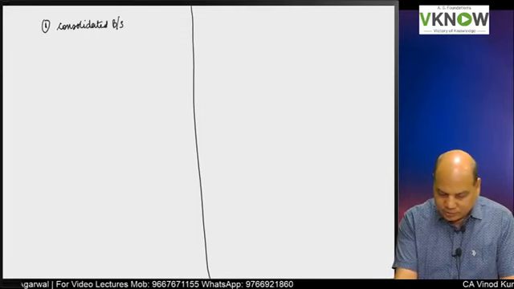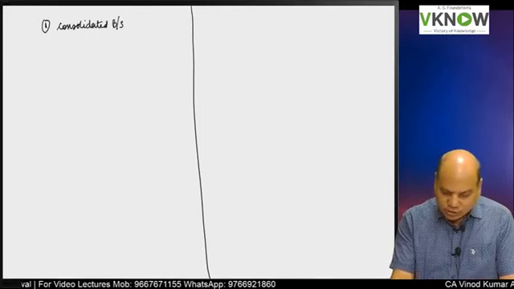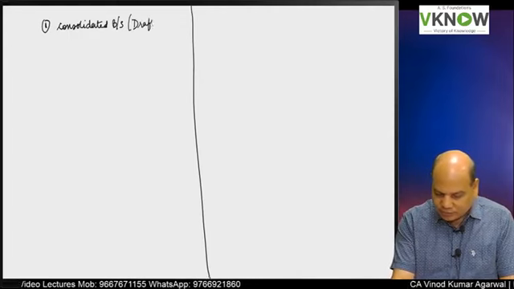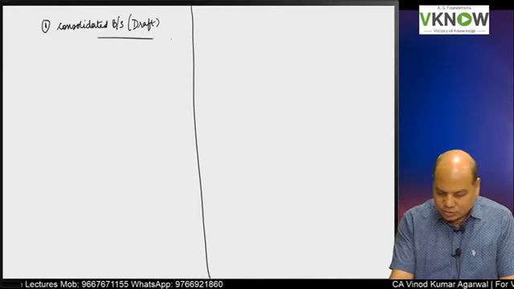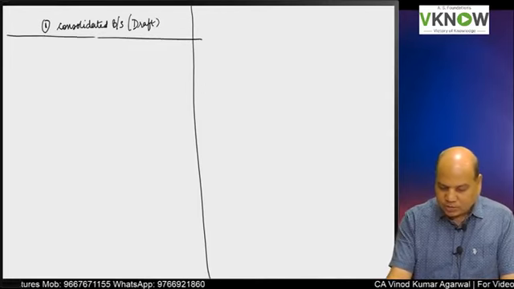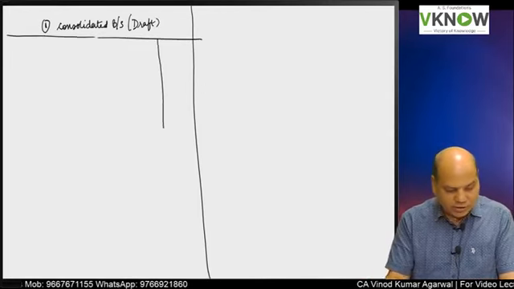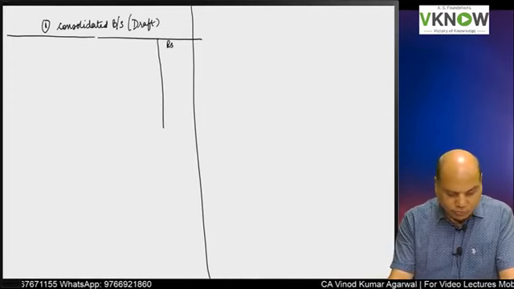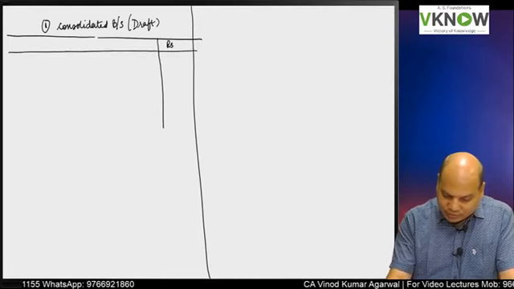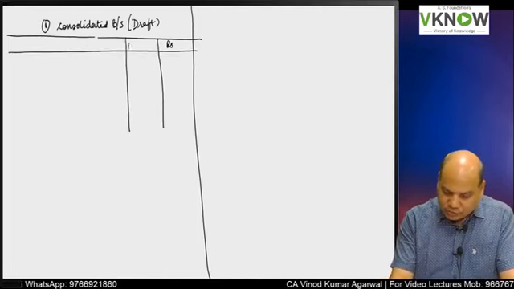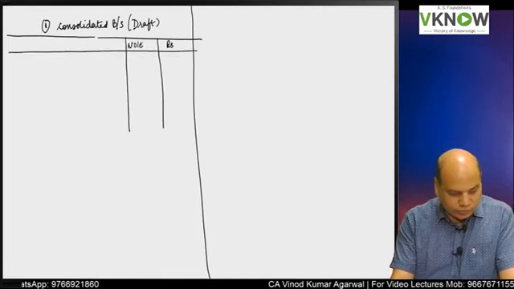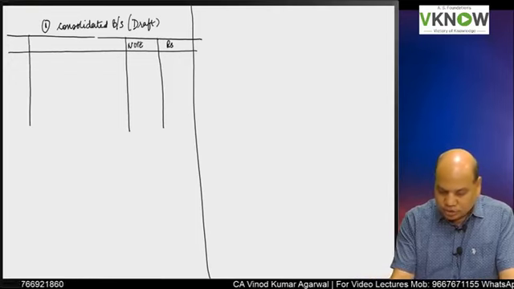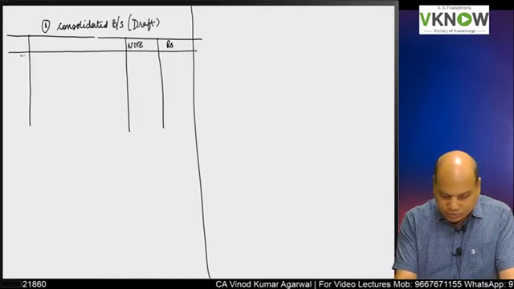Consolidated balance sheet. You can simply write a draft. There is no need to prepare a consolidated balance sheet as such for a problem like this, because there is no new entity created. So we will write the format first: serial number, particulars, note number and rupees.